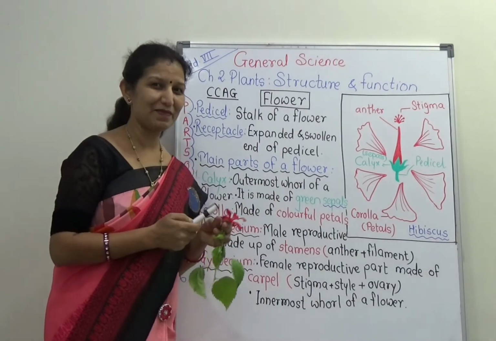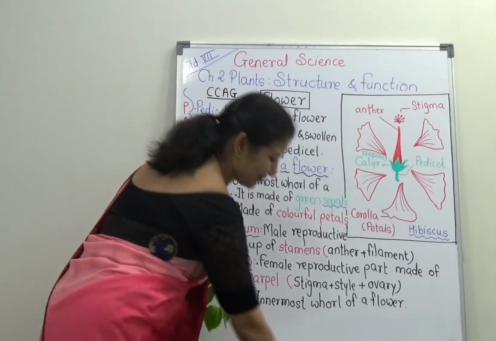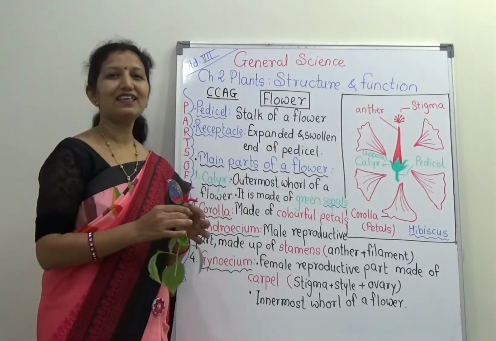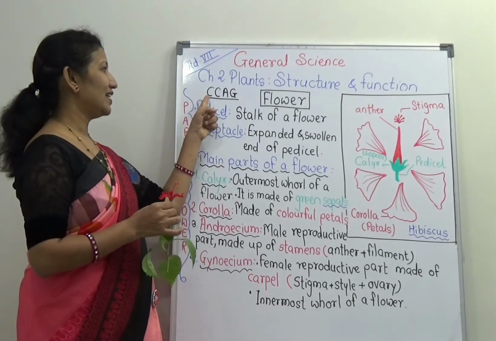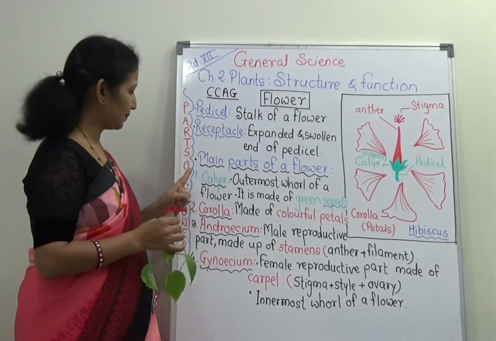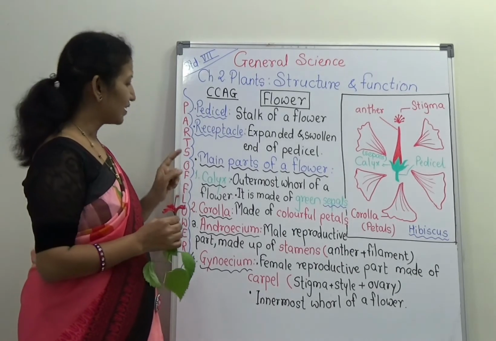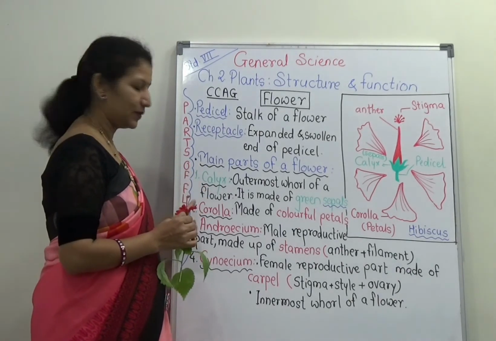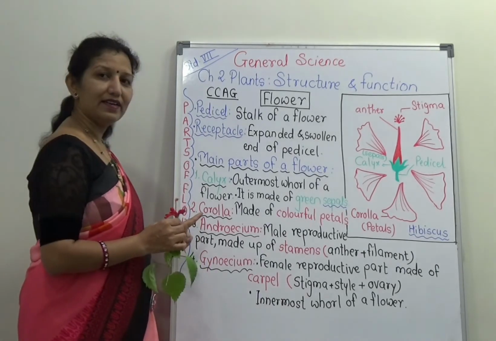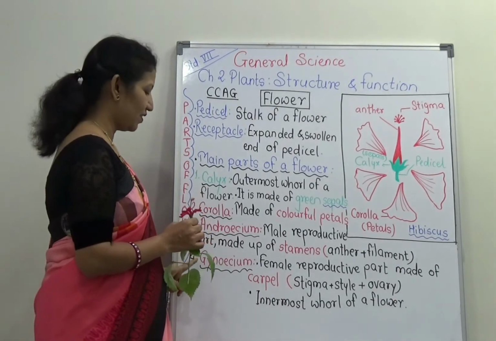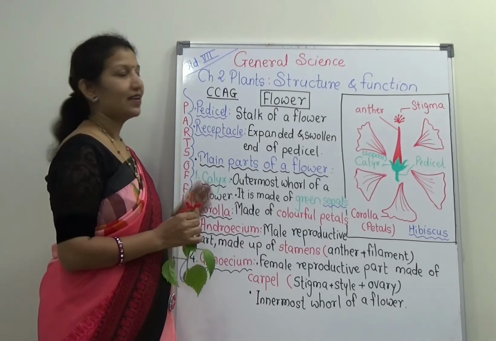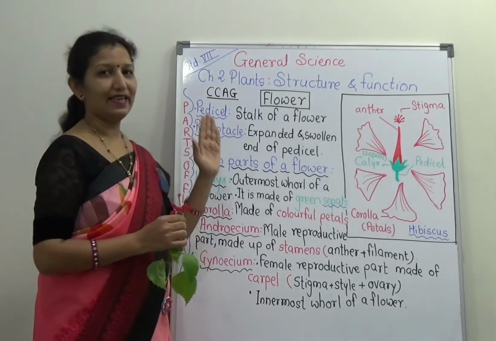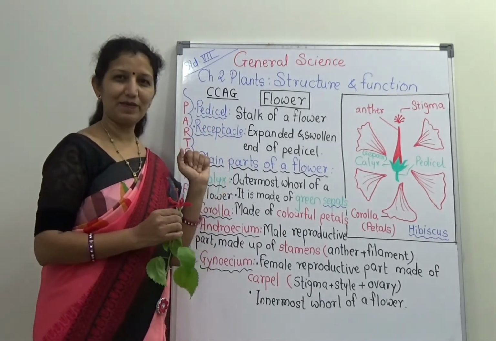Chanachor garam garam. It is also your favorite. So, C for calyx. See, this is calyx. Then C for corolla. CC, corolla. And A for androecium, and G for gynoecium. In this way, CCAG, Chanachor garam garam.